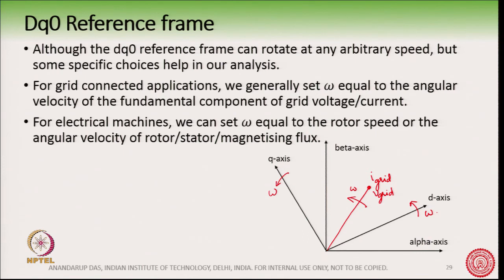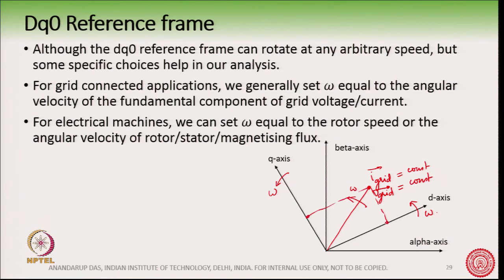So, if this grid vector is observed from the d axis when they are moving at the same speed, this will become a constant value. This will also become a constant value, and it has this projection.